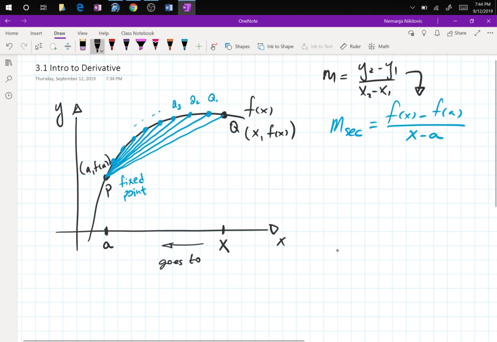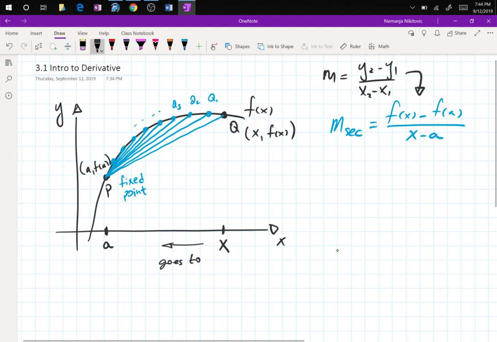Well, what happens in the denominator in that case? You see, there is an issue there, right? Because our denominator was always x minus a, because x and a were different values on the x-axis for all of these blue dots as we go along the function.